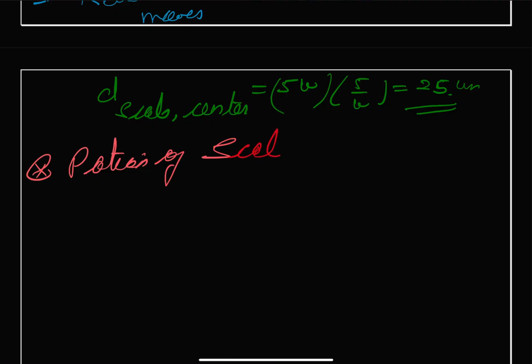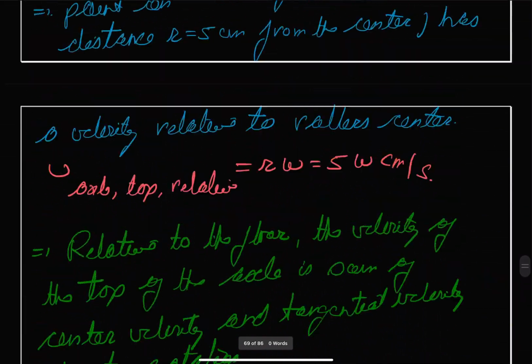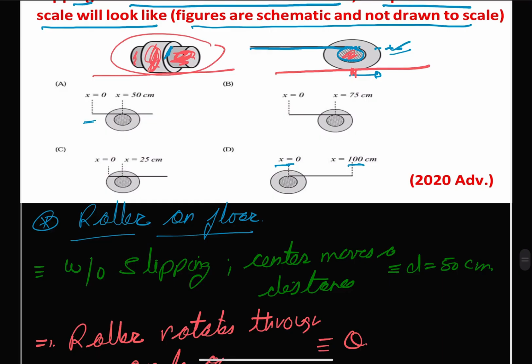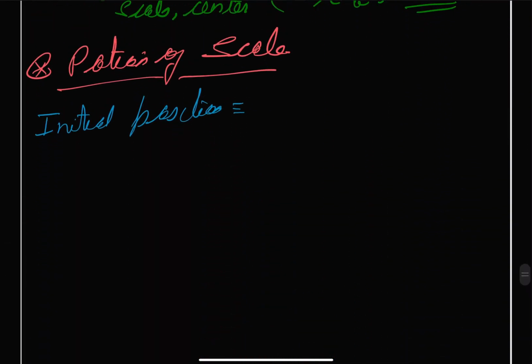Initial position: we know that the scale is basically horizontal, and we assume that the left edge is at x equal to 0, because if I see the figures also, we can understand that the left edge is put at x equal to 0. Okay.